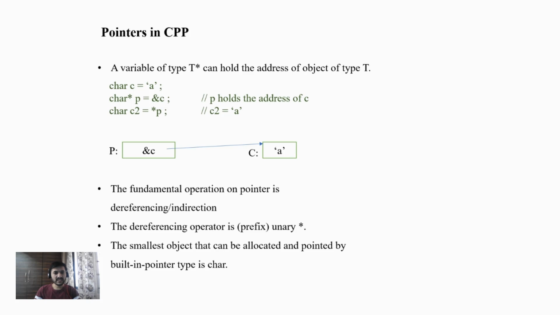So the smallest object that can be allocated and pointed to by a built-in pointer is of type char, because there is no data type which can be allocated with less than 1 byte. Boolean is also there, but boolean needs the same size as char.